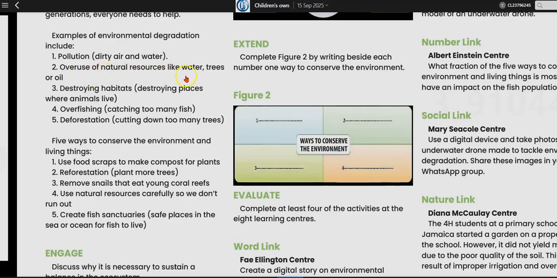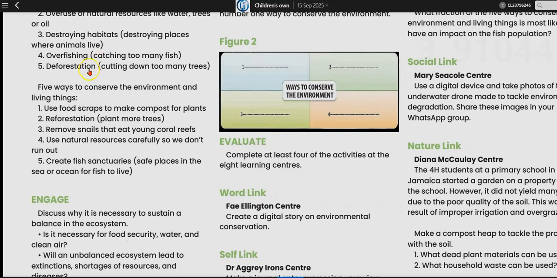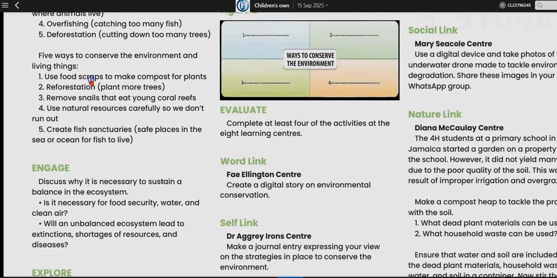Overuse of natural resources like water, trees, or oil. 3. Destroying habitats, that is, destroying places where animals live. 4. Overfishing, that is, catching too many fish at one point from a given area. 5. Deforestation, cutting down too many trees.